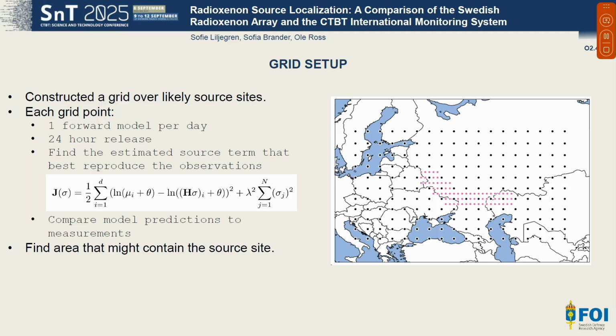Once we found our best guess for each grid point, we can then compare how well that grid point can predict the measurements. From this, we can give a score to each of the grid points and find the area that is most likely to contain the source site.